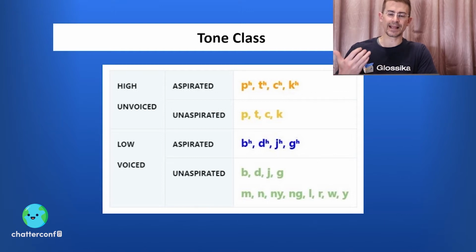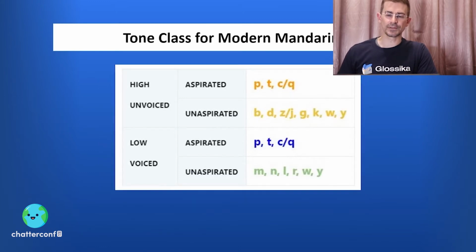Those are considered high unvoiced consonants, and the others are considered low voiced consonants. And we can separate them into two groups. One is aspirated, and the other is unaspirated. So you'll find the unvoiced consonants in the high class, low voiced consonants in the low class. Now, when we look at Mandarin and we look at the consonants that begin words that end up in the high class.